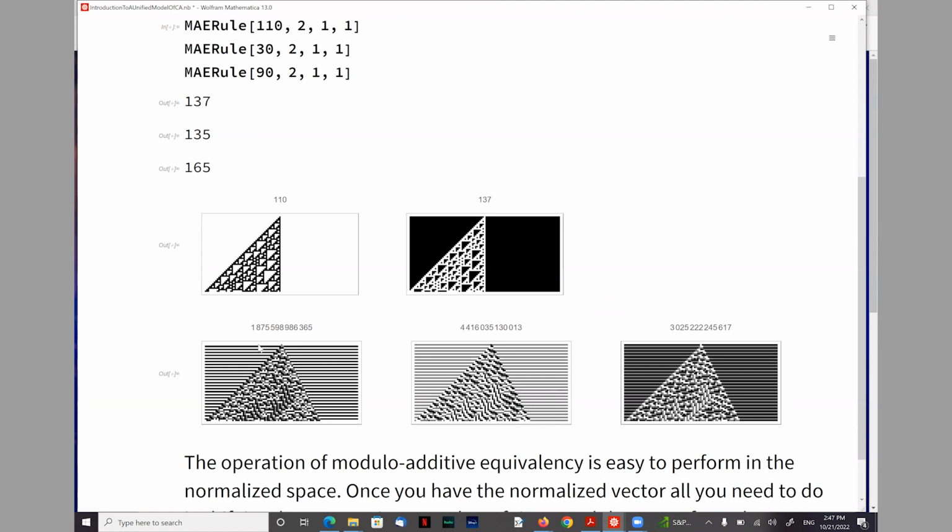So this rule, for instance, with respect to this rule over here, every output is just shifted by 1. But they are identical. And this one here is separated by 1, this is separated by 2. And you can do that in any other space.